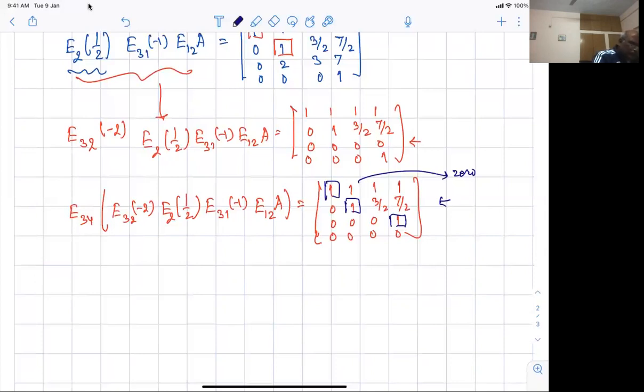So I can do two things here. I can look at E23, the second row, and multiply by -7 by 2, so that I can get this 0 here.